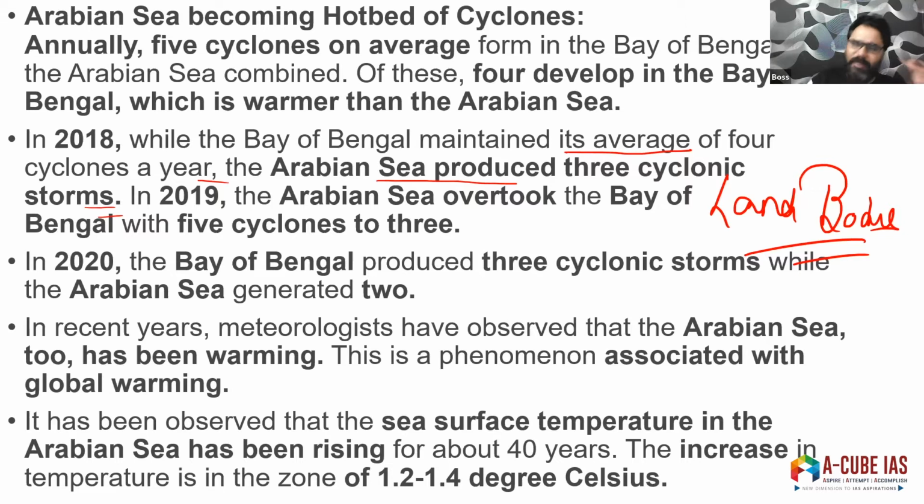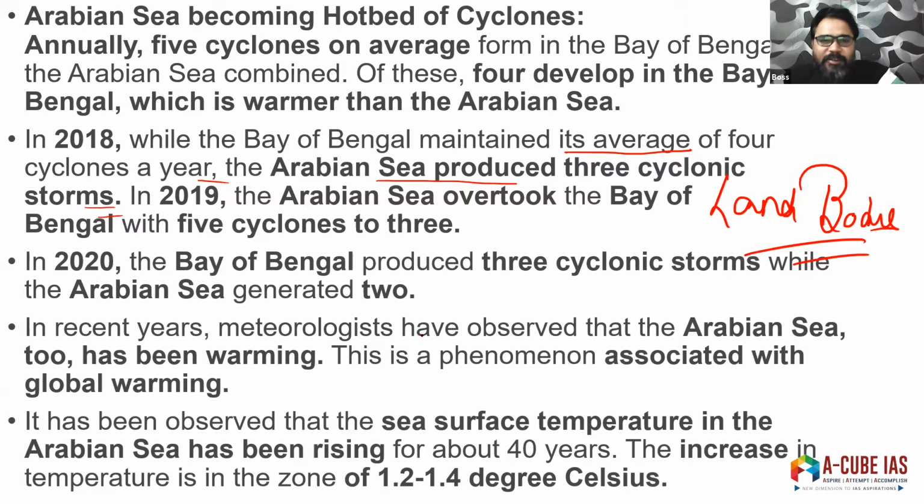However, there was a significant change with reference to the Arabian Sea, because this time it produced 3 cyclonic storms, quite contrary to what it generally does. It generally produces only one storm, but in 2018, it came up with almost 3.